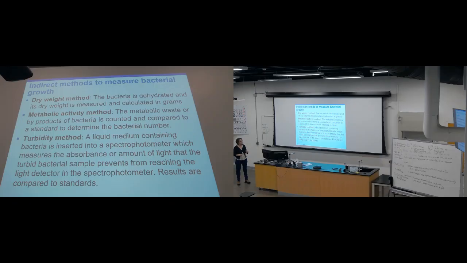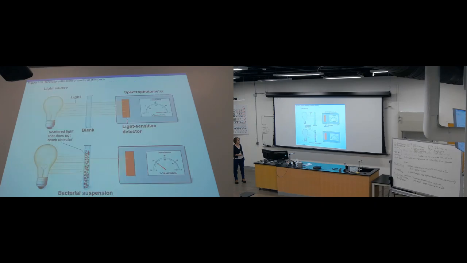Then you add your sample, and depending on how much light passes through your sample, that is how much bacteria you have. That passing of light is called absorbance. The more turbid the bacterial sample is, the less light goes into the detector in this machine, and then you compare to a standard, and you can calculate the number of bacteria.